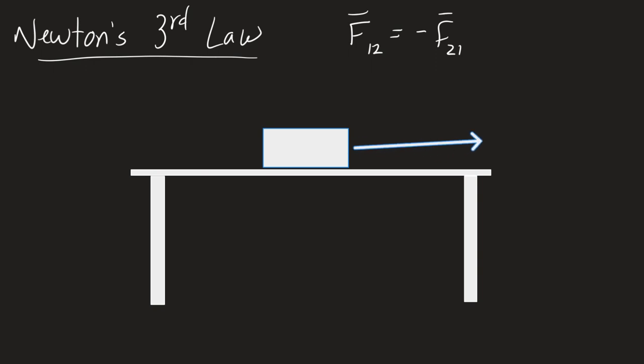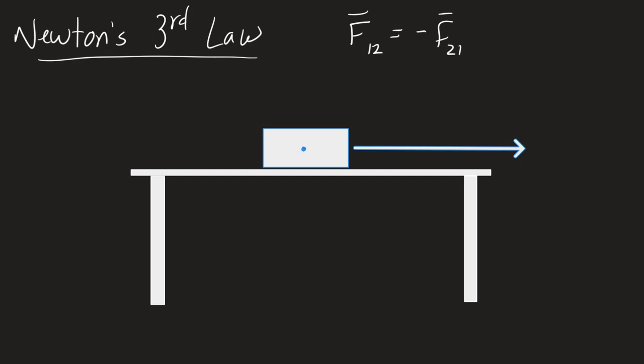You are pulling on the box to the right. Applying some force on the box. Now, without a doubt, everybody in this room can probably come up with the forces that are acting on the box. Let's assume the box is sliding, but sliding or not, you can probably come up with the forces that are likely acting on the box.